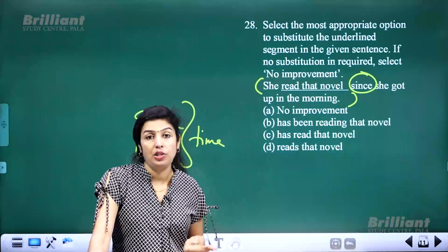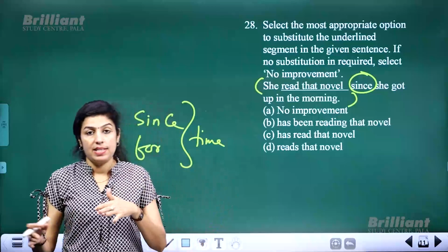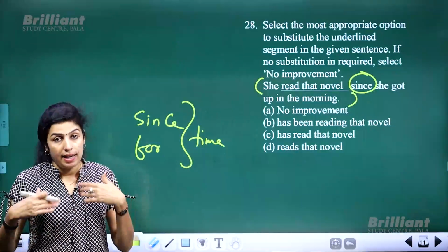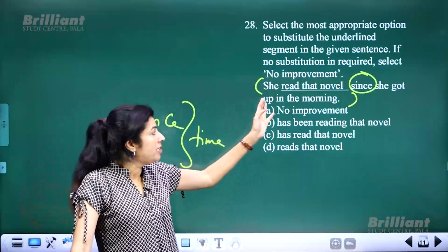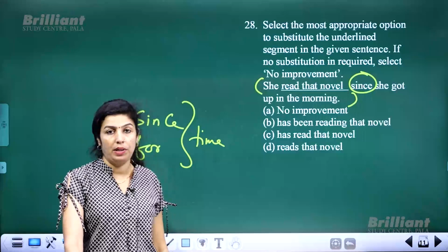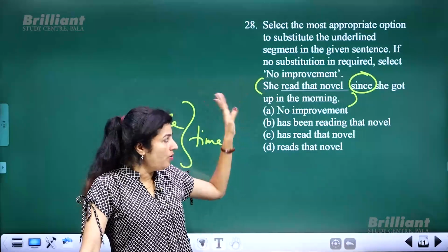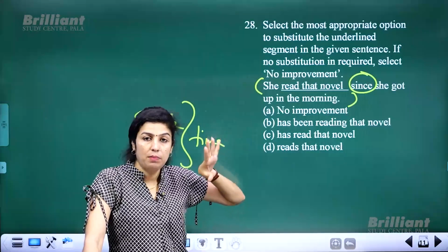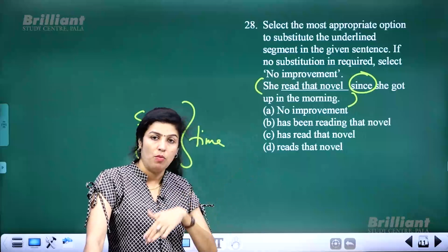Present perfect continuous. That means an activity which started long back and is still going on at the time of speaking. So, she has been reading that novel since she got up in the morning. When I say this, she is still reading that particular novel from morning.